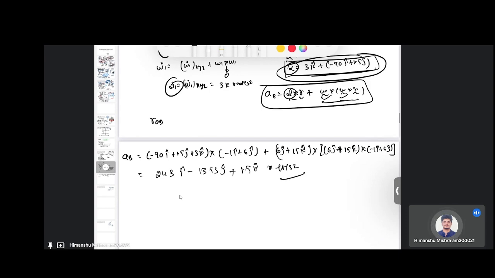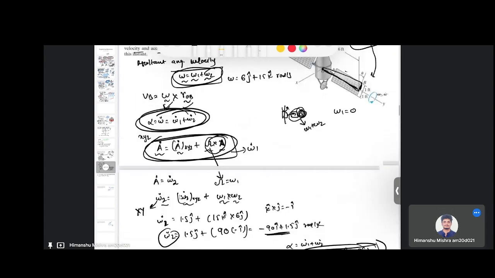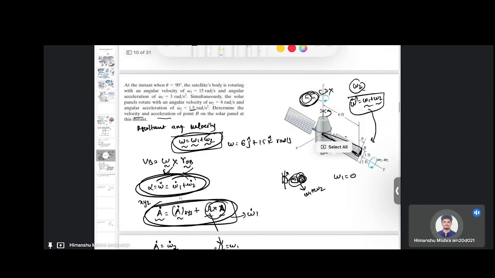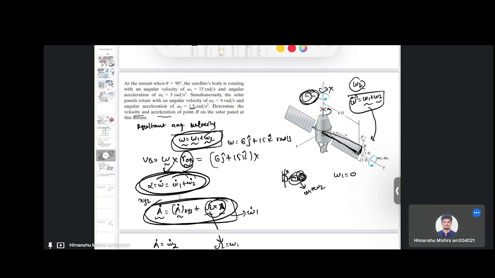So this will be my acceleration, and the velocity can be given by this expression, which is 6j plus 15k cross product with ROB, which is minus 1i plus 6j. On calculating this, we will get minus 90i minus 15j plus 6k. So this is my velocity.